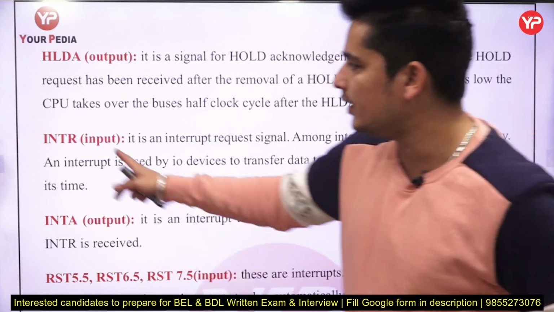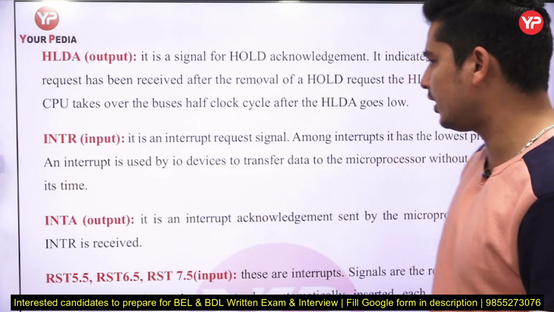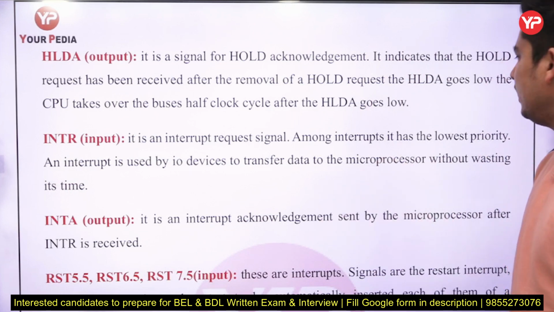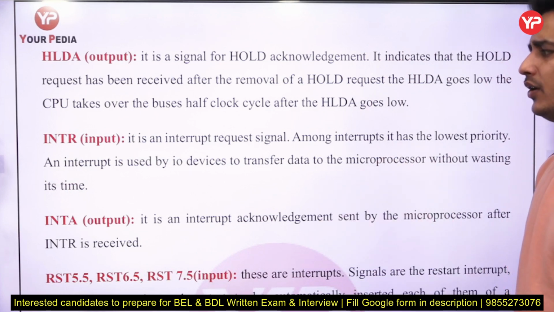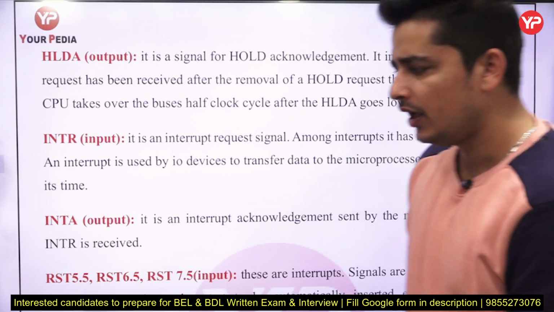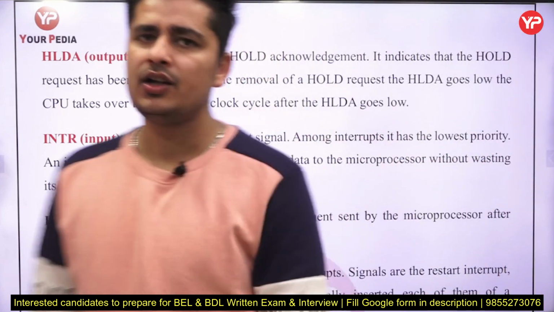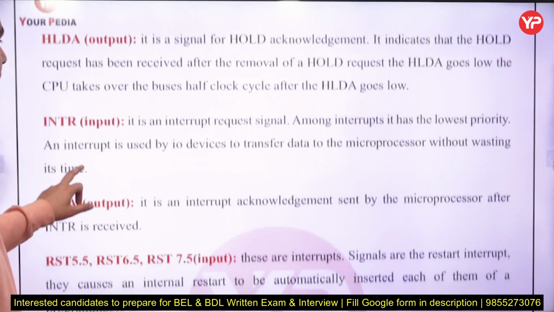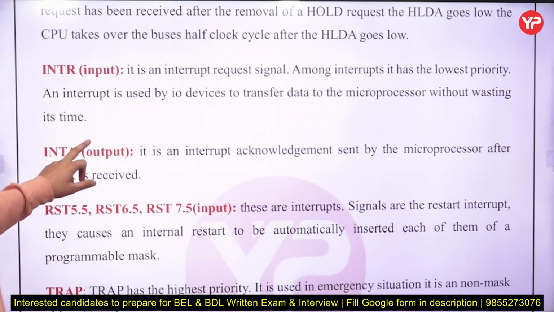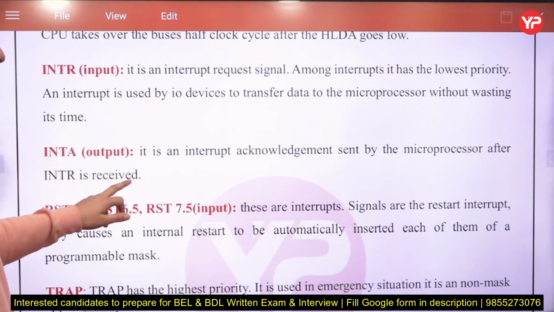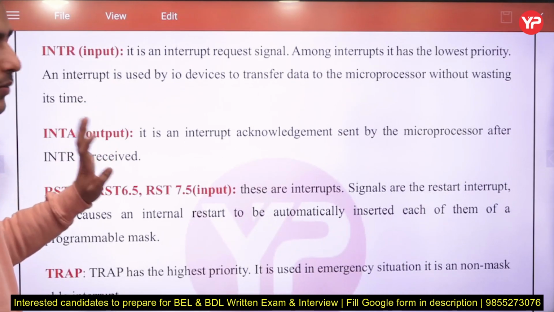So this is INTR. This is an interrupt request signal that your interrupt is coming, but it has the least priority. So if this interrupt is coming and your computer is performing any important task, then it will ignore this, right? That is the main thing. The interrupt is used by the IO device to transfer the data to the microprocessor without wasting time, but it has the lowest priority.